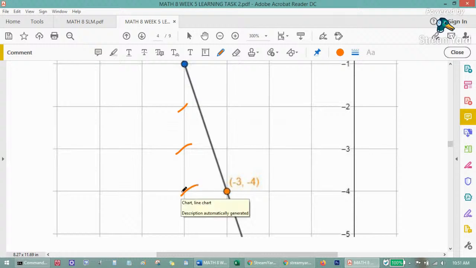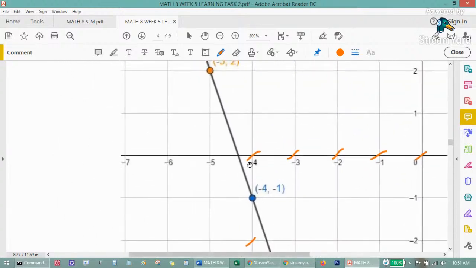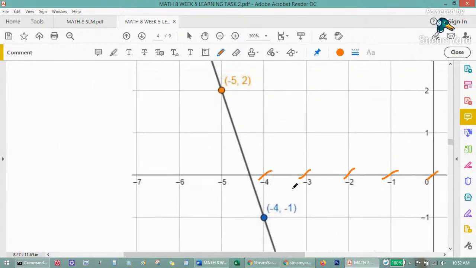So, dito tayo tumigil. Tatakbo tayo ng isang unit sa kanan. There. So, that is our second point. Then, i-connecta mo lang yan. And that's the graph.